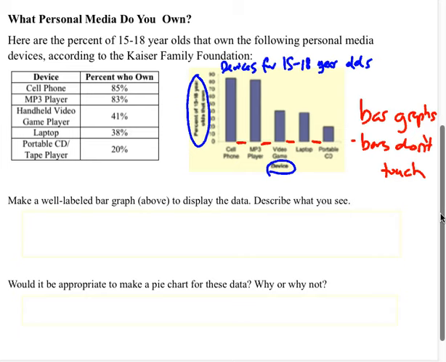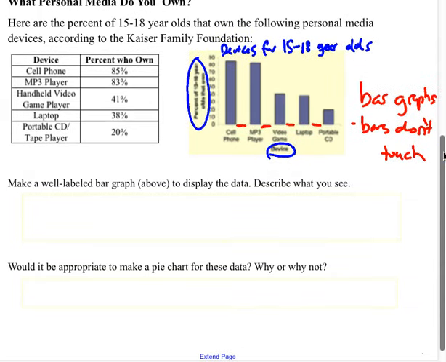Now, making a graph is never going to be the end of our story, okay? Once we make a graph, now we want to see what information that gives us, okay? How does it help us? So, not only are we making this graph, but we also want to describe what we see, all right? So what are we seeing?